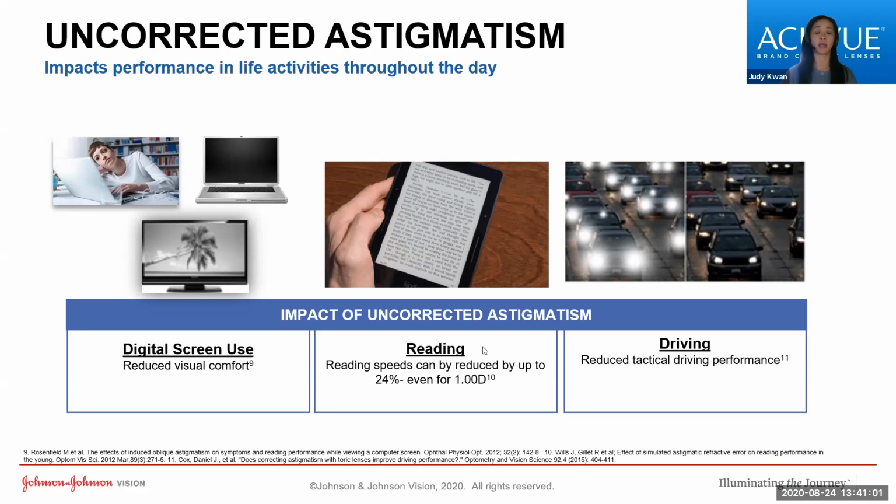Say, for example, if you have a lawyer and they require reading all the time, if we were to suboptimally correct them and mask them, this is where their job and their lifestyle could potentially be impacted. So this is where I'd really like you to consider the prescription of the astigmatic component within the contact lens as well. So please avoid the masking to provide better visual lifestyle to your patients.